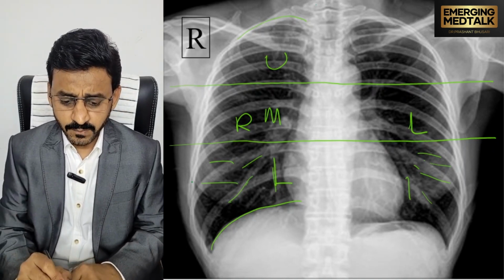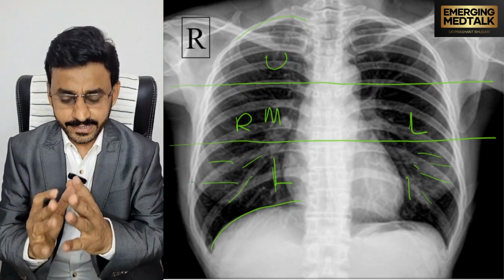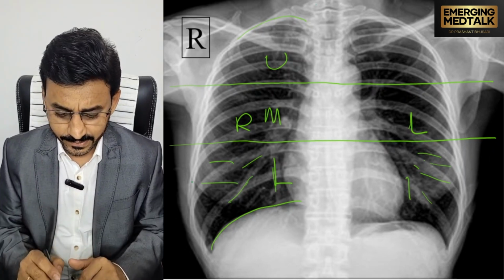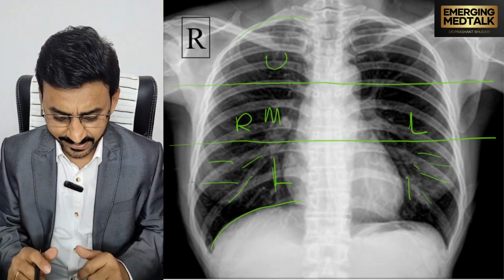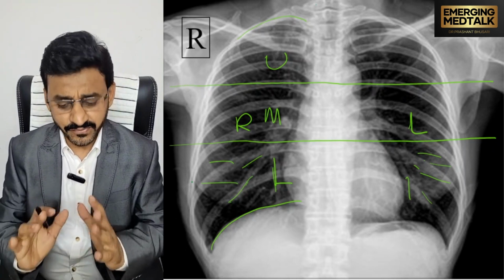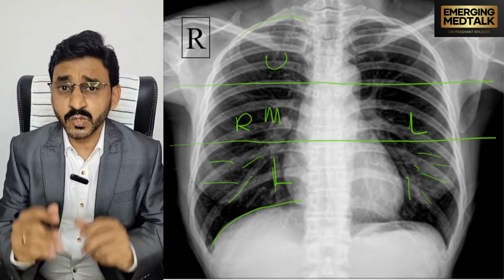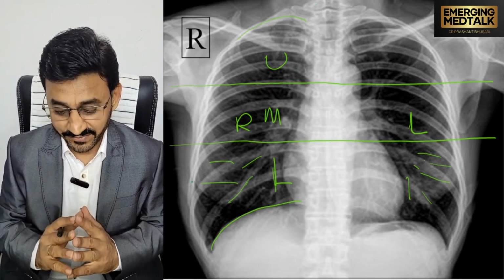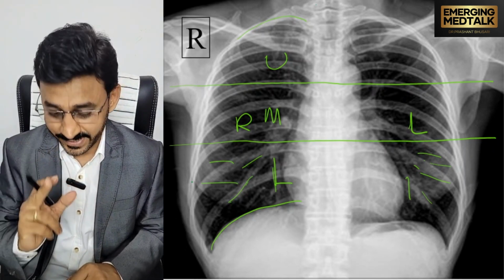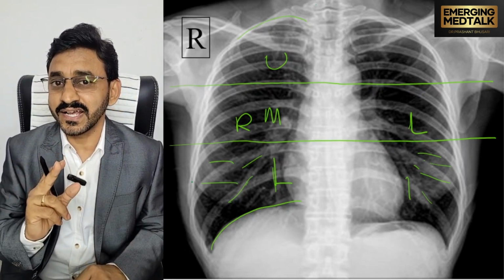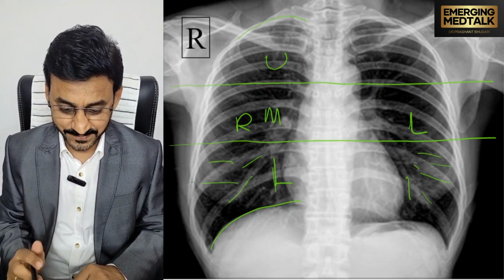Above the second anterior rib is the upper zone, in between is the middle zone, and below the fourth anterior rib line is the lower lung zone. This is very simplified, and there is no clear-cut lucent shadow seen here because of the bronchovascular markings. This is very important because loss of these markings occurs in the condition called pneumothorax.